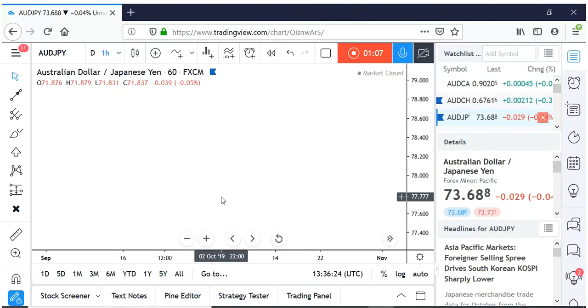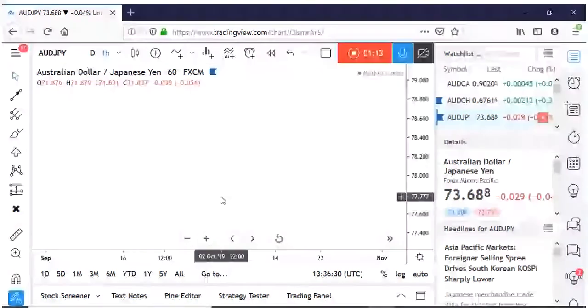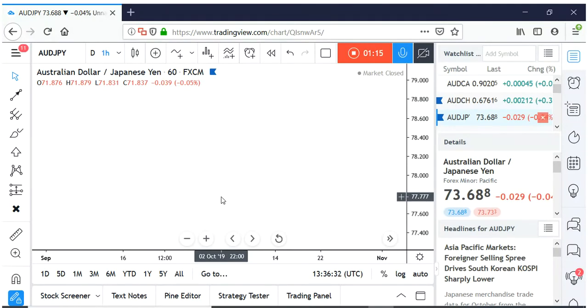For example, on a 4-hour time frame or a daily time frame, you could see a market making a high or a low, but on a lower time frame, it is actually causing a retracement to occur. I will show you what I mean by that.